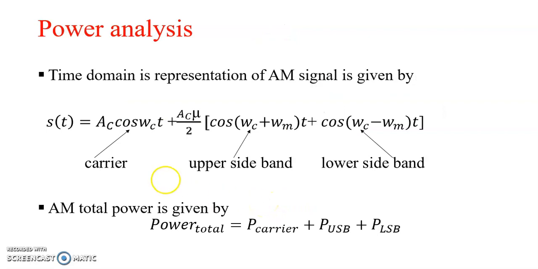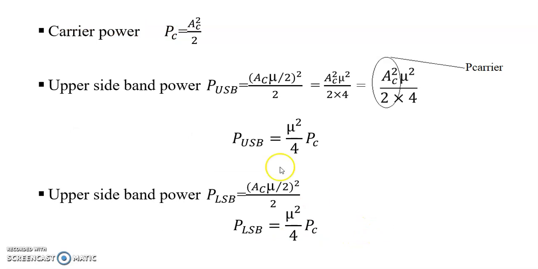And the power analysis. Already we know that the AM signal has 3 components, and the total power will be the sum of power of 3 components, that is power of carrier plus power of upper sideband plus power of lower sideband. PC is equal to AC square by 2. Then upper sideband power is equal to its amplitude square by 2.